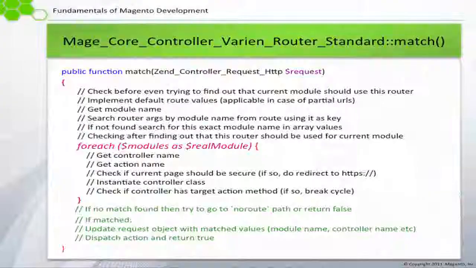So match, basically, again, we look at the path and we look at our configuration. In terms of processing requests, path, configuration, our module information, and the files that we have under our module. That's the gist of this slide.